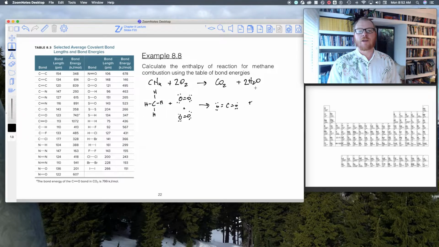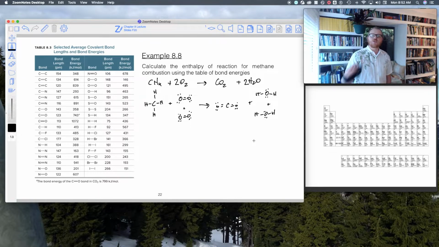And we're forming 2 moles of H2O, with oxygen as the central atom with 2 lone pairs, and we made 2 of them. Great. Now we can count up all the bonds and get the calculation going.